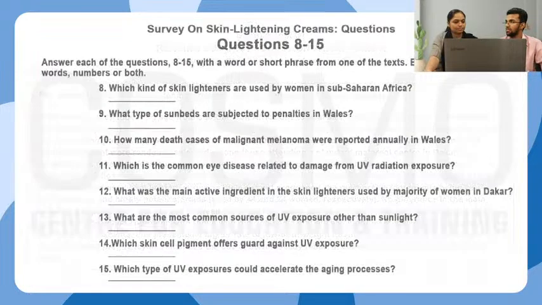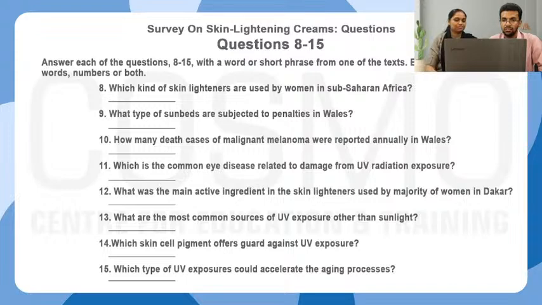Okay, so let's move on to the short answer questions. Yes, SAQs from 8 to 15. Answer each of the questions 8 to 15 with a word or short phrase from one of the texts. So let's start doing the questions.